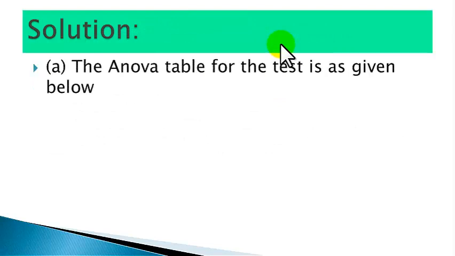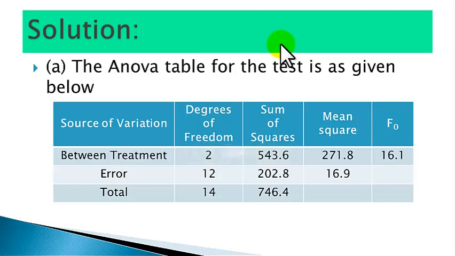A. The ANOVA table for the test is as given below. Please note that this ANOVA table has been obtained in our previous example. Here we have source of variation: between treatment, error, and then total.